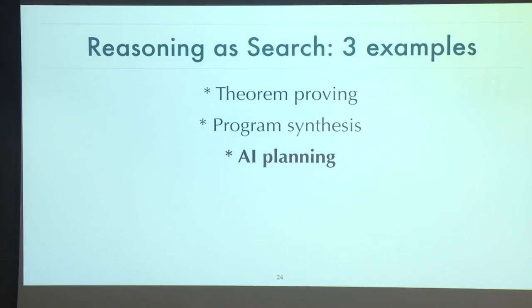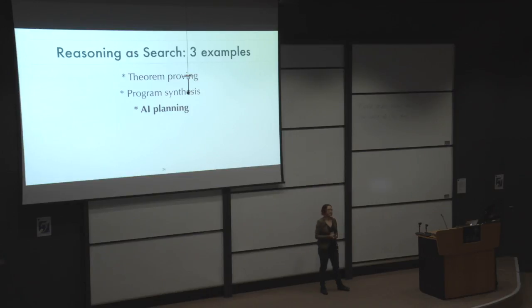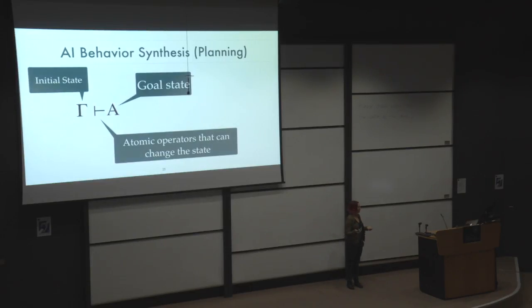And then finally, the last bullet I want to talk about is a kind of behavior synthesis, how we generate agents that have particular behaviors in an environment, which goes back to the classical notion of AI planning. And in planning, again, you have a similar problem structure, wherein your notion of consequence, of chaining things together, is a set of primitive operators that you define, describing how an agent can change the state of the world.